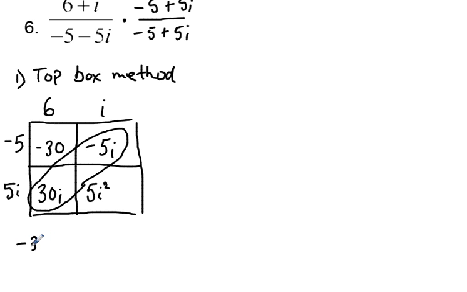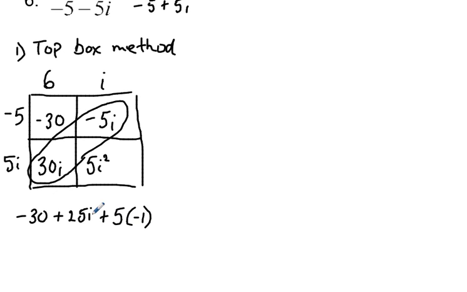So I'm going to write negative 30. Negative 5i and positive 30i is a positive 25i. And I'm going to write plus 5. Instead of i squared, remember we're going to replace that with a negative 1.